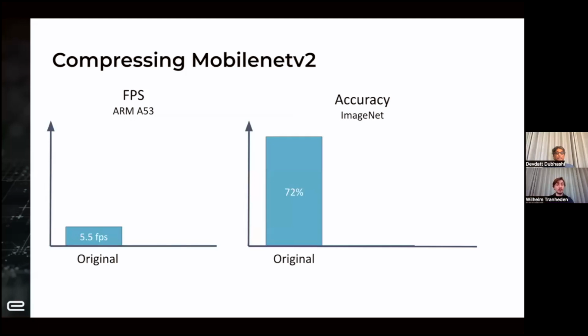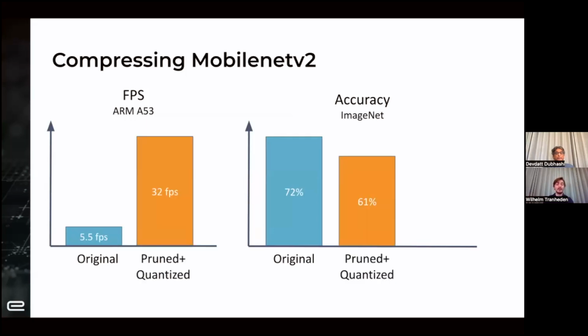So a floating point, no pruning, and no knowledge distillation. And we can see that it will have a 72% accuracy on the ImageNet dataset. So this is the original reported number from the paper, and it has a frames per second of 5.5 on the ARM CPU. And 5.5 FPS would not be sufficient for many real-time applications.